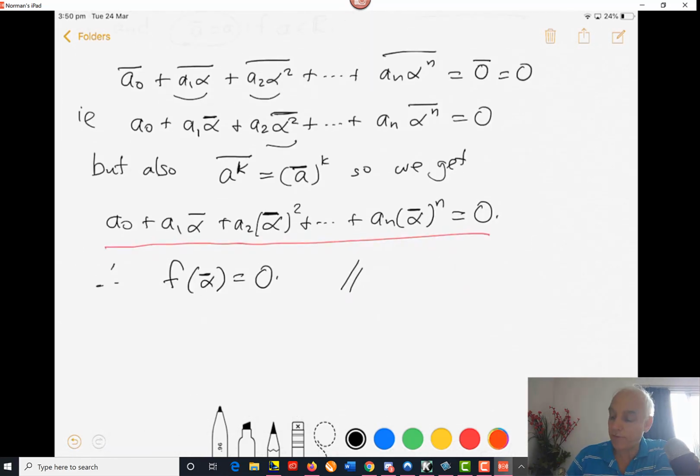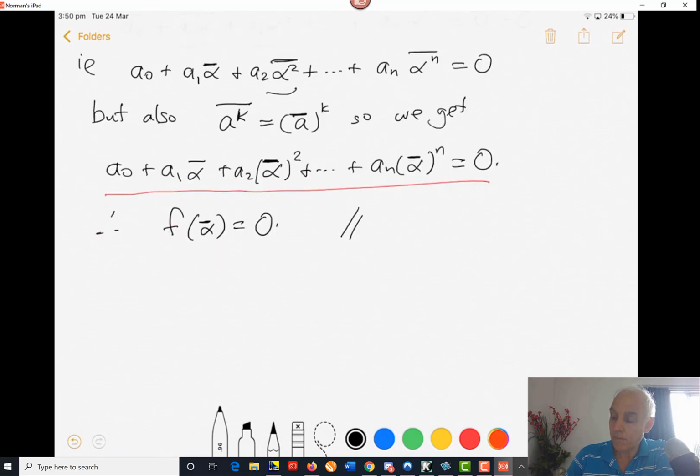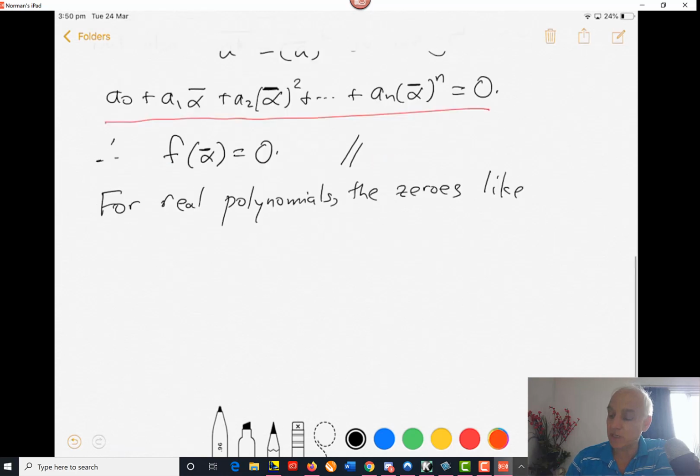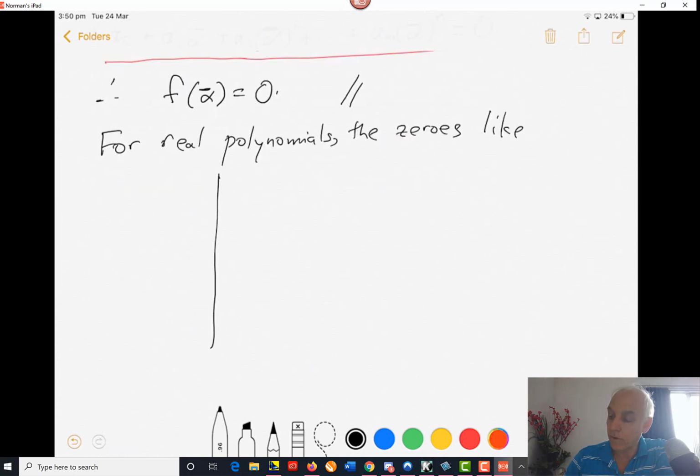So typically what happens then for real polynomials, the zeros look something like this. Here's a possible picture of the zeros of a real polynomial in the complex plane.